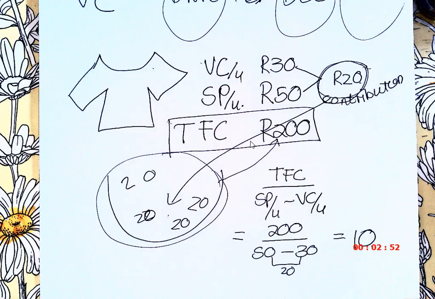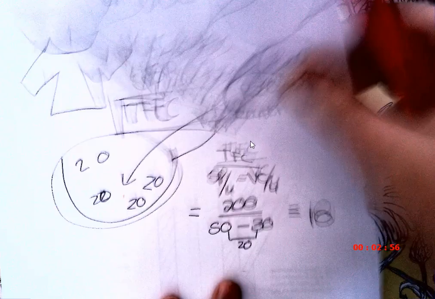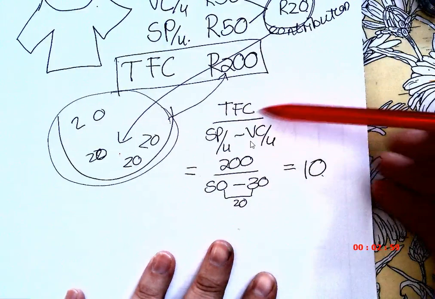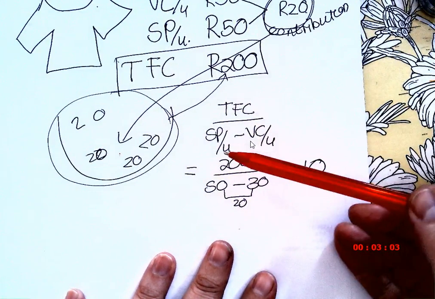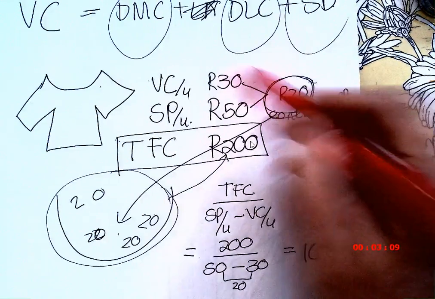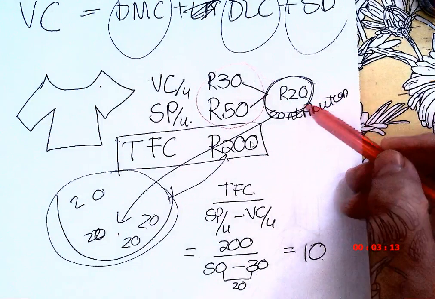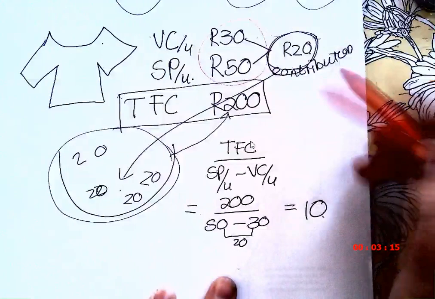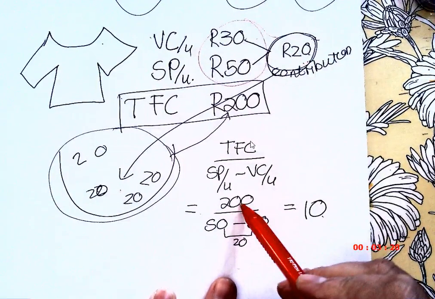Okay? So if you look at the ratio here, you look at the formula, you'll see at the top I put my total fixed cost. At the bottom I put my selling price per unit less my variable cost per unit, because remember I told you the difference between those two is the contribution. So actually I want to see how many contributions I need to cover the 200 Rand.